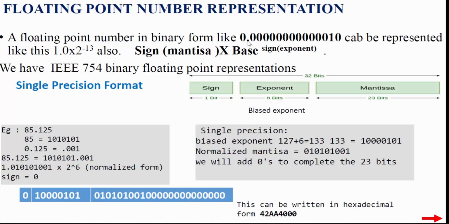After shifting the decimal point towards the right to the 13th position, we get the whole part as a single one, 1.0 into 2 to the power minus 13. We need to specify the sign of our exponent. That means 1.0 divided by 2 to the power 13 is equal to this fraction. That is why this is represented as 1.0 into 2 to the power minus 13.